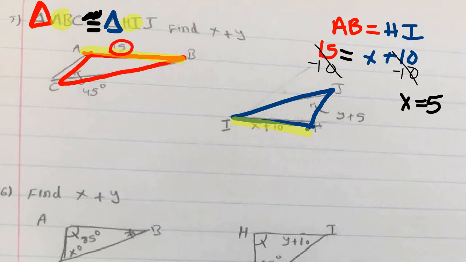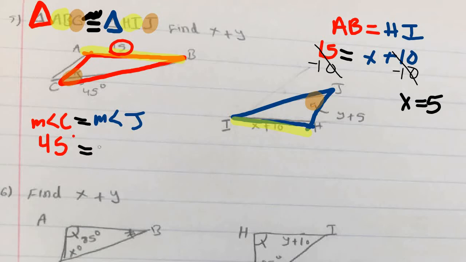Another thing you're going to notice, it says that angle C is in the same position as angle J. It's just rotated, C and J. That means that the measure of angle C is going to equal the measure of angle J. So in this case, we have 45 degrees equals Y plus 5.